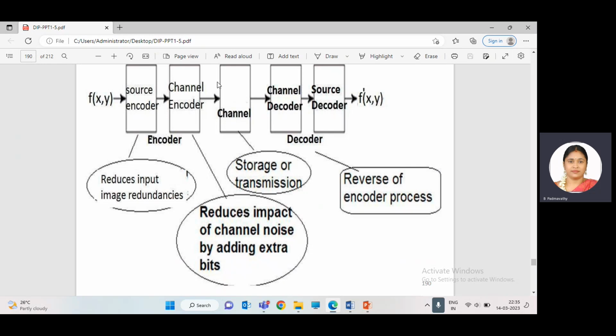If the channel between the encoder and the decoder is noise free, that means there is no error, then the channel encoder as well as the channel decoder are omitted, and the general encoder and decoder can be taken as the source encoder and source decoder. Here the source encoder is responsible for reducing or eliminating coding redundancy, interpixel redundancy or psychovisual redundancy in an input image.